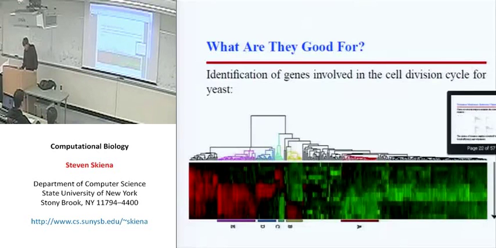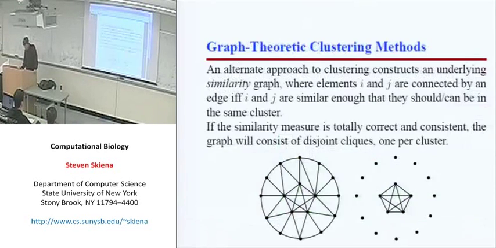So what is the clustering algorithm stuff? We talked about these agglomerative methods and the k-means methods. There's one other class of methods that I think are quite good, specifically for categorical data, but in general for lots of things, including certain aspects of microarray data, where you want to do what they call graph theoretic clustering.